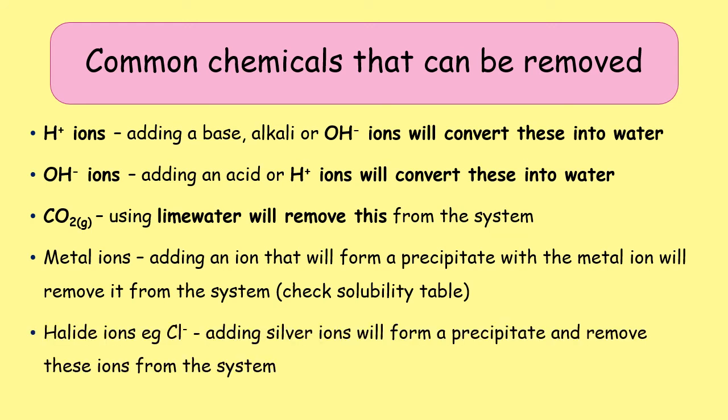And if you've got a halide ion, so any of the halogens as an ion, if you add silver ions, again you'll form a precipitate. Those final two definitely show up in some of the early 2010 past papers. So just be aware of that.